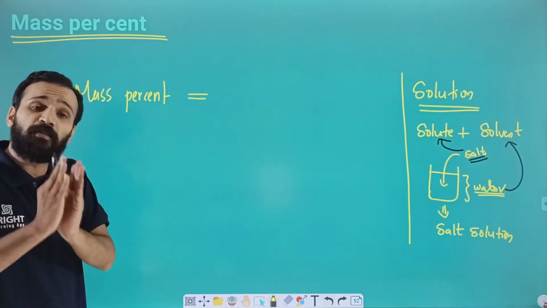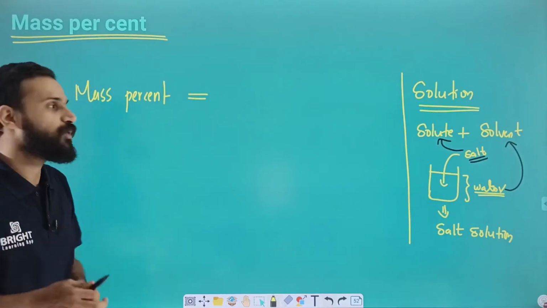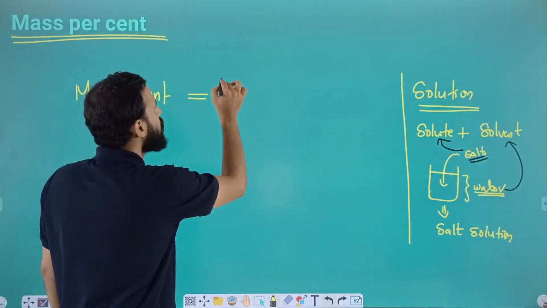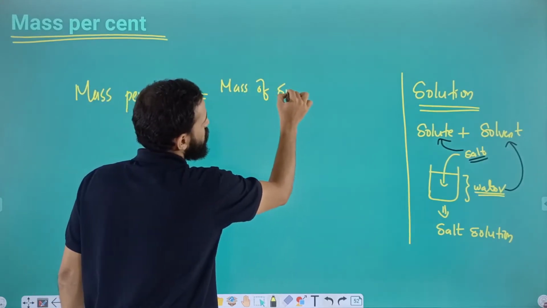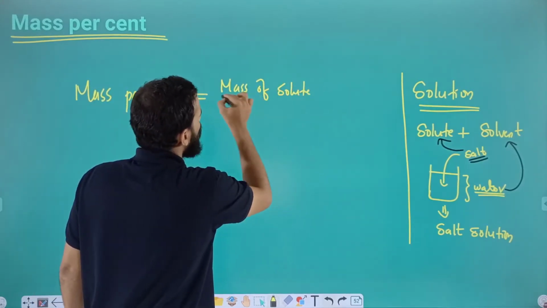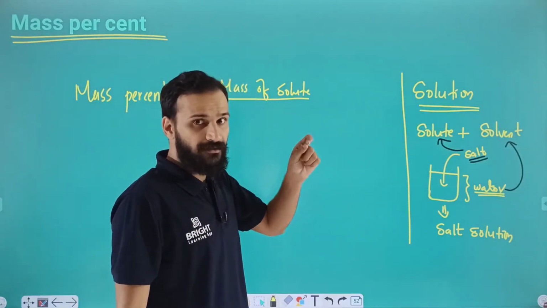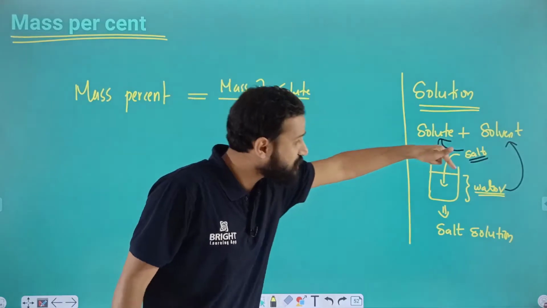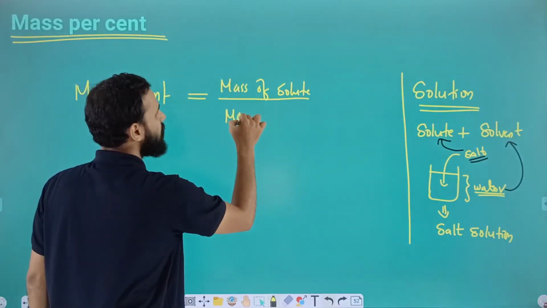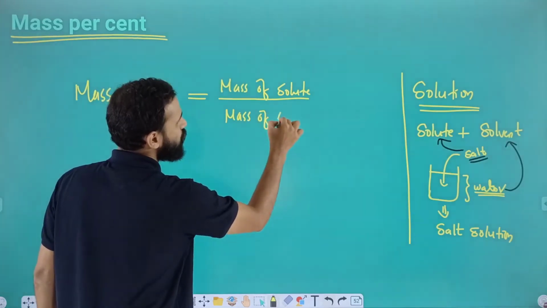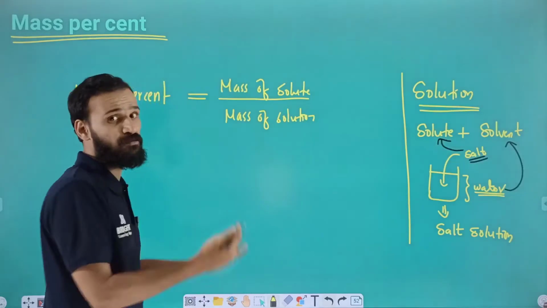So to represent the concentration of that solution in mass percent, we have an equation. Mass percent is equal to mass of solute. Suppose you want to get the concentration of the solution in mass percent, we have to get the mass of salt in the solution divided by the mass of solution, or we can write total mass of solution.